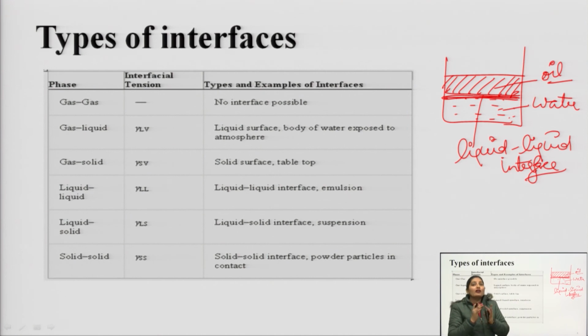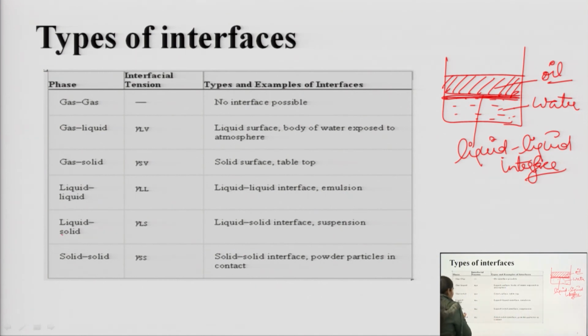In case of water and benzene, benzene will form a layer over the water. Benzene is not completely miscible with water. So, benzene and water will form an interface between each other like oil and water. Okay. So, this is the example of the liquid-liquid interface.